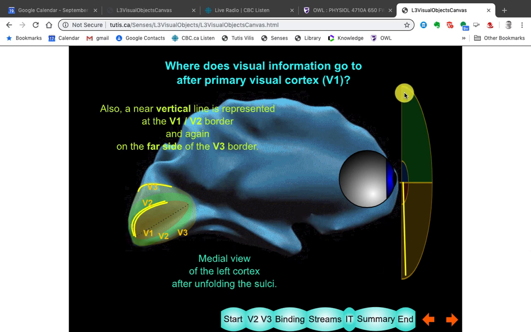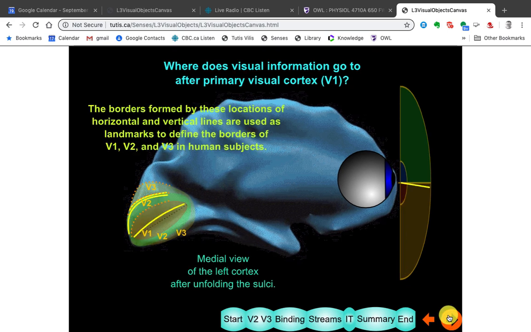After that, it'll appear again up here, under the calcarine. So you can see here that the lines are above and below, touching V1 and V2, and at the end of V3.